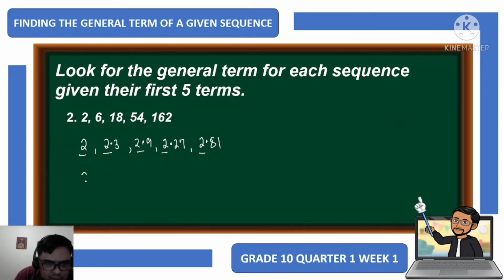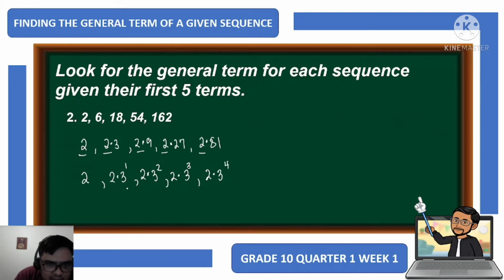So, ganito. So, 2, then ito, 2 times 3 raised to 1. Kasi 3 raised to 1 is still 3. So, 2 times 3 raised to 2. Why? Because 3 raised to 2 is 9. Then 2 times 27 is 3 raised to 3. Then yung lastly, 2 times 81 is 2 times 3 raised to 4.